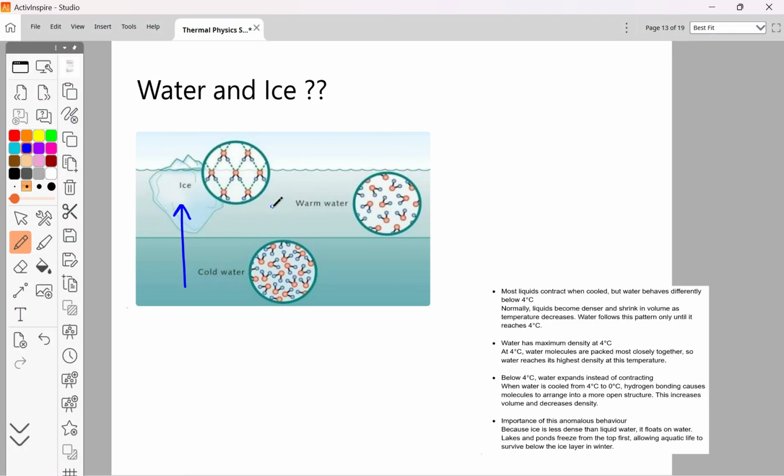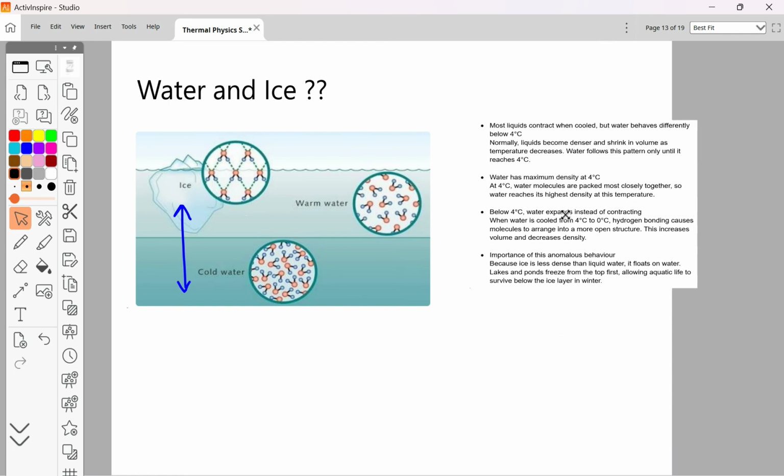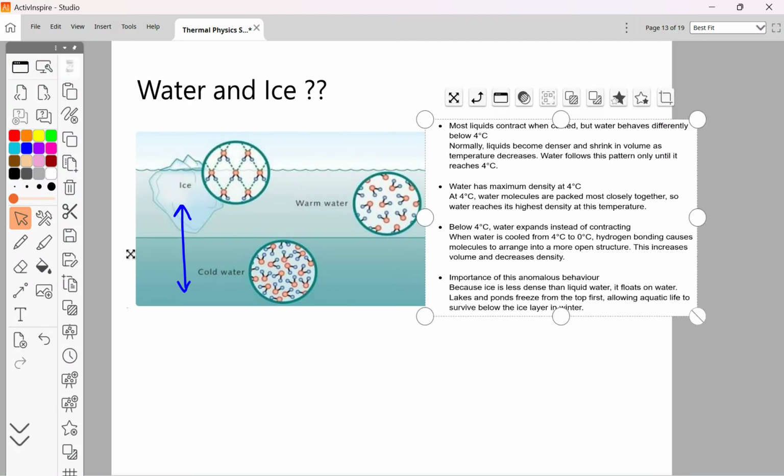Water does that to the biggest extent, but there's a small temperature range where water behaves weirdly, and that is very important for us. As the water contracts when it's cooling, it reaches about 4 degrees Celsius, and it is all about these special hydrogen bonds in water.